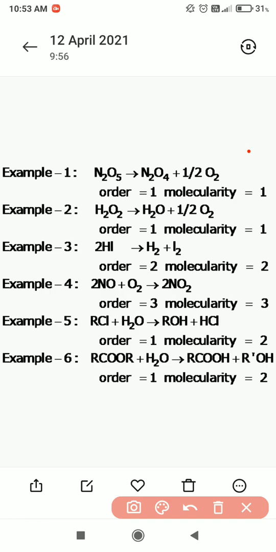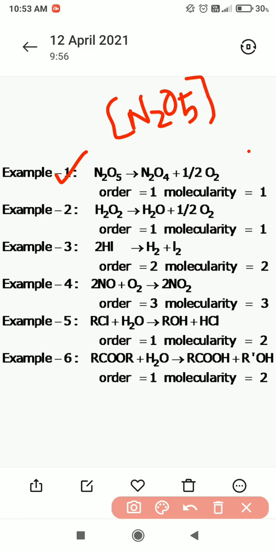First, example 1. N2O5 decomposes to form N2O4 plus half a mole of oxygen. So how do we write the order of reaction? N2O5, nitrogen pentoxide: how many moles of reactant are there?